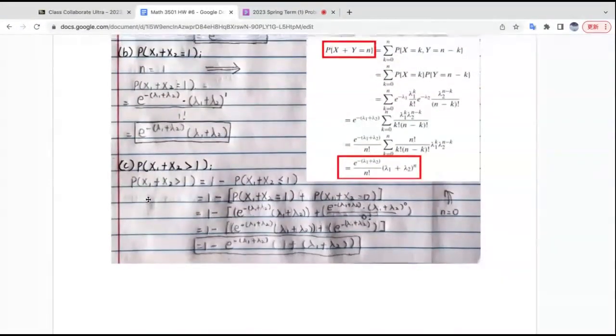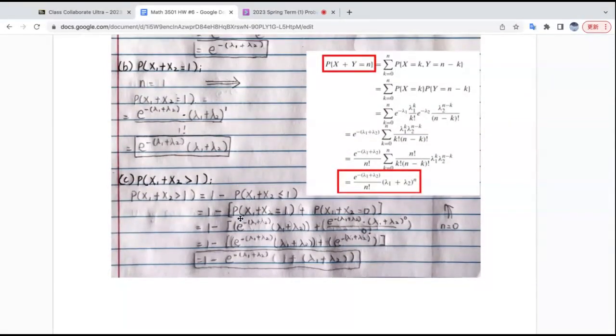And C, the probability of X1 plus X2 greater than 1. This is equal to 1 minus the probability of X1 plus X2 less than or equal to 1. That is the probability of X1 plus X2 equal to 1, which we found in question B, plus the probability of X1 plus X2 equal to 0.